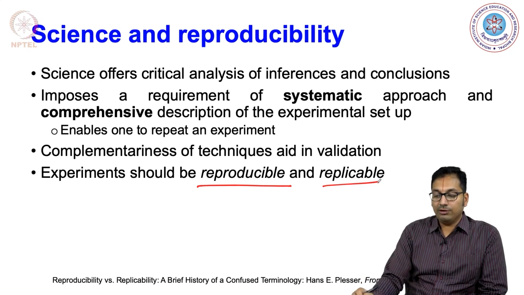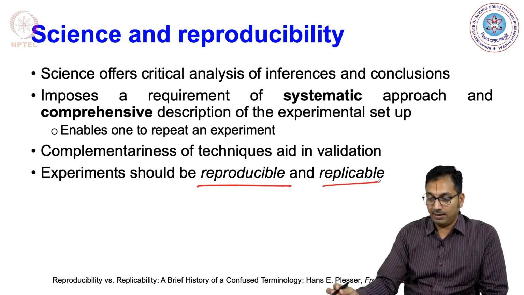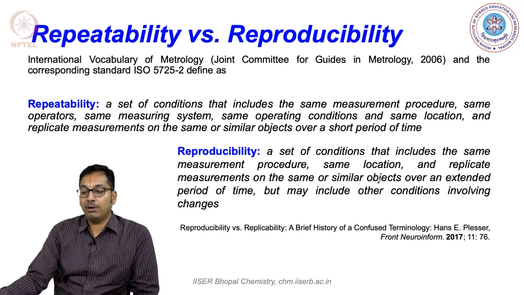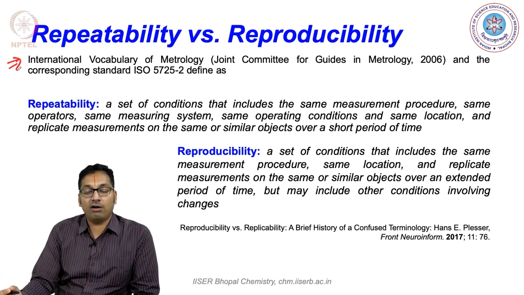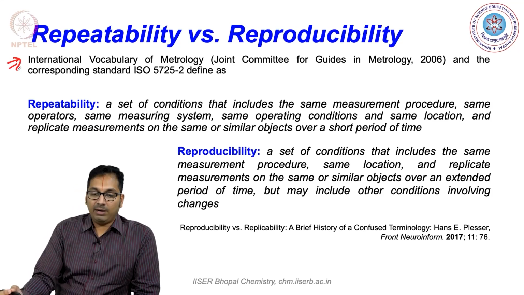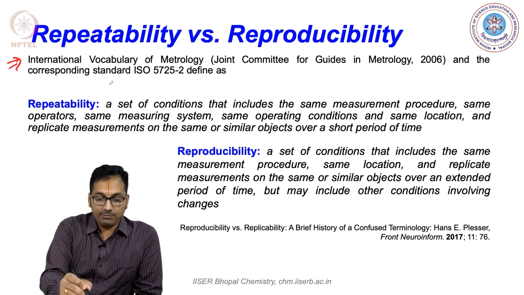So we will go into closer details of what this is, and this has been defined by various committees. In this case, it's the International Vocabulary of Metrology, and by this, what do they mean by repeatability?